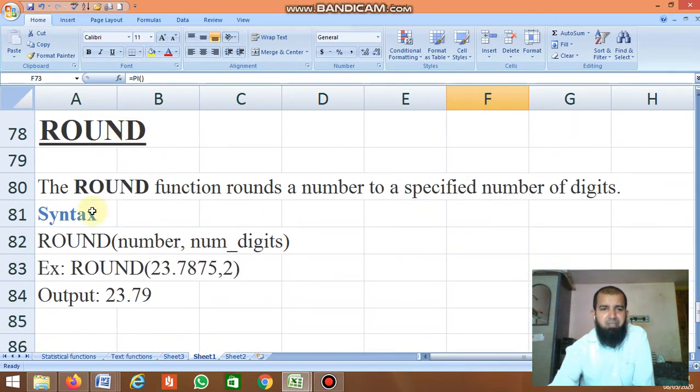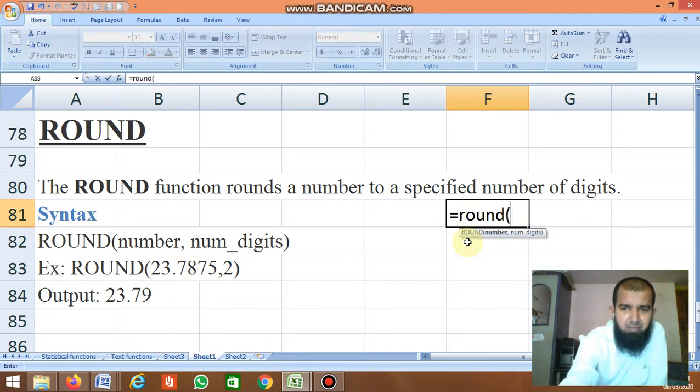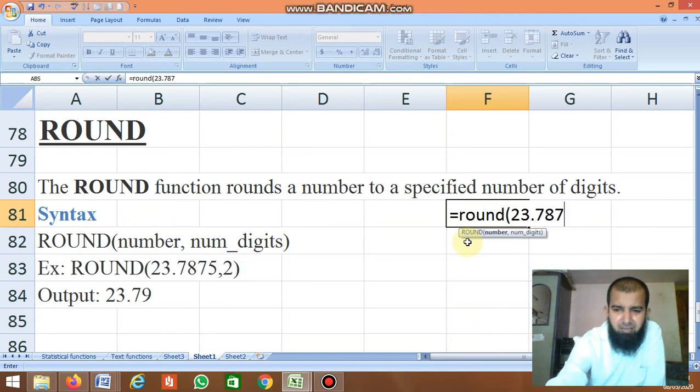Next function, ROUND. The round function rounds a number to a specified number of digits. Syntax is round number comma number of digits. Example, round of 23.7875. Here if it is 2, it takes only 2 digits, 78, and rounds to 79. Clear, no? Example here, equal to round of 23.7875 comma 2.